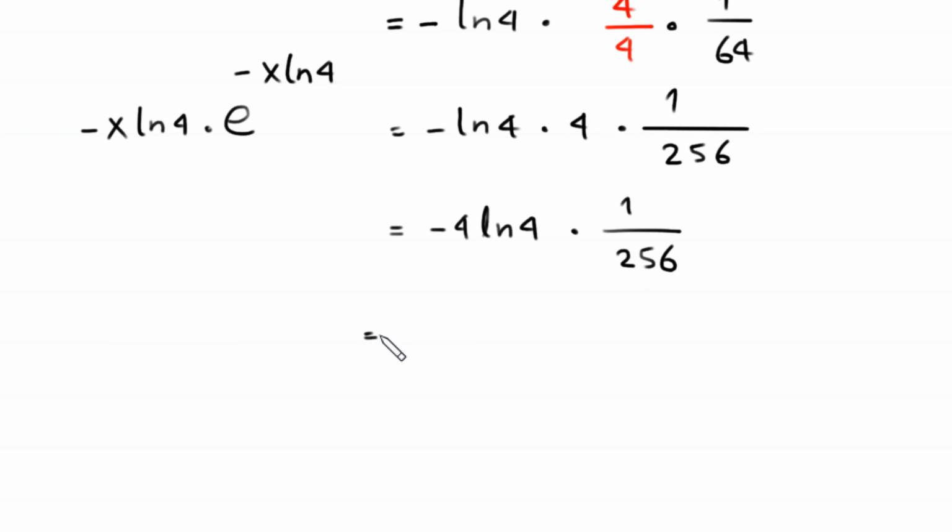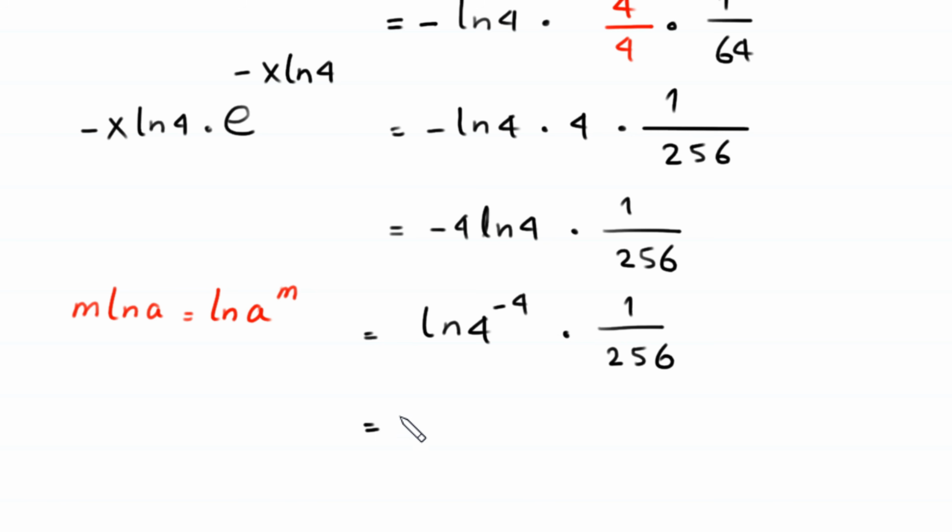Next, by using this natural log property, m times ln of a equal to ln of a to the power m, negative 4 times ln of 4 can be written as ln of 4 to the power negative 4 times 1 over 256. Next, this is same as ln of 1 over 4 to the power 4 times 1 over 256.